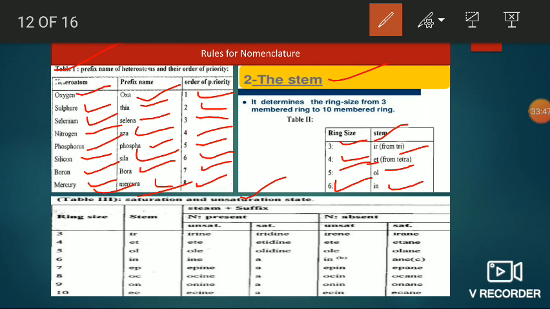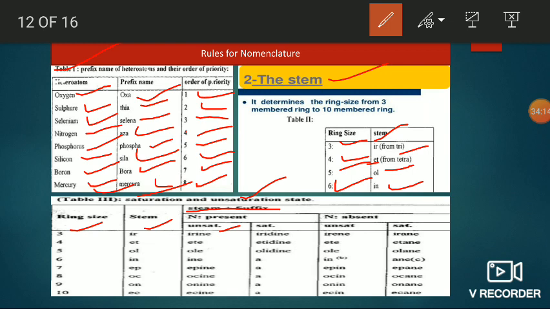Okay, if the heterocycle is a 3-membered ring, then the stem is "ir". Here the final name, that is stem plus suffix, depends on whether nitrogen is present. If there is nitrogen present and the cycle is unsaturated, then stem plus suffix becomes "irine".